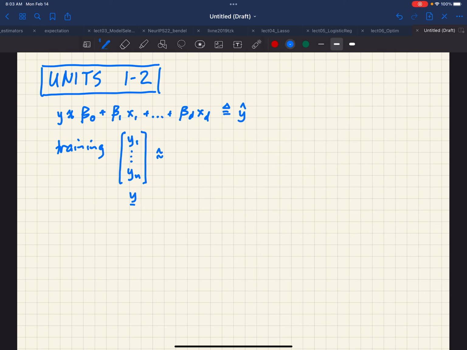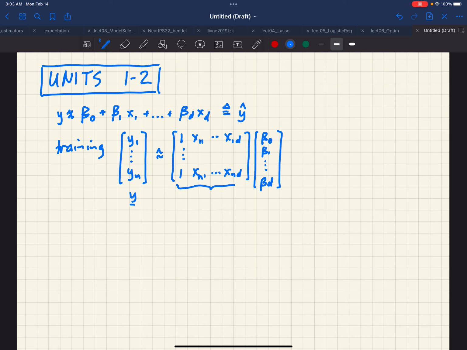We're saying that these are approximately equal to, and then we put our training features into a matrix, and then we multiply that matrix by our adjustable coefficients.